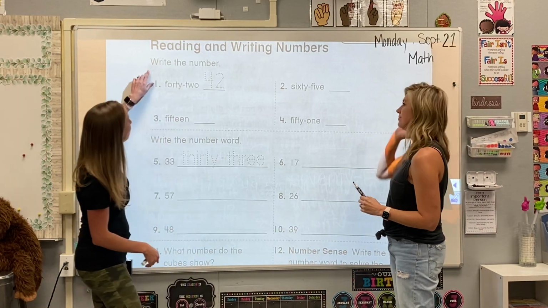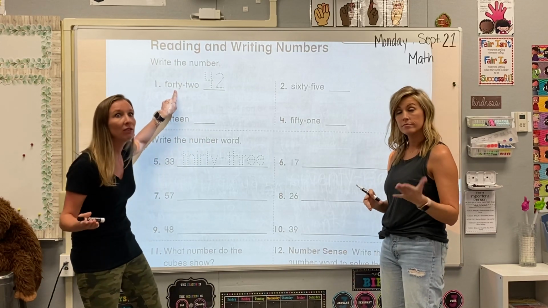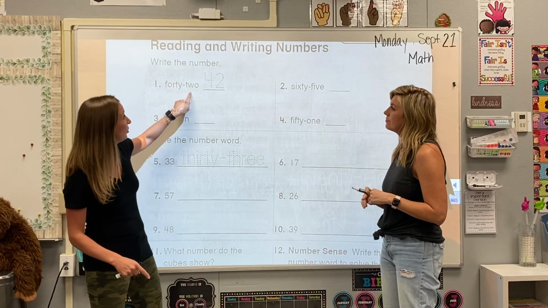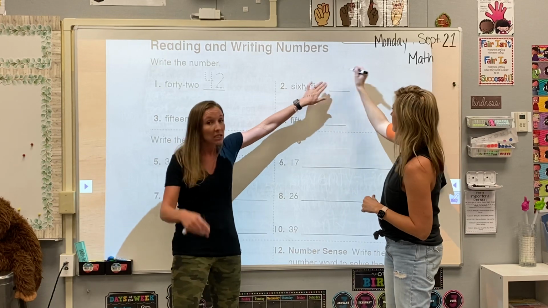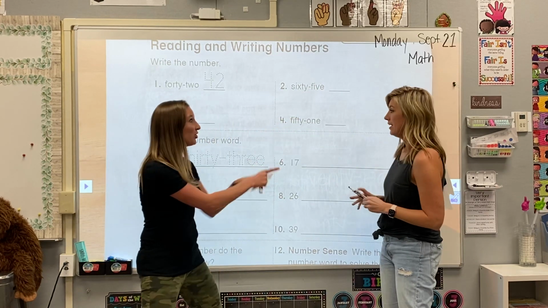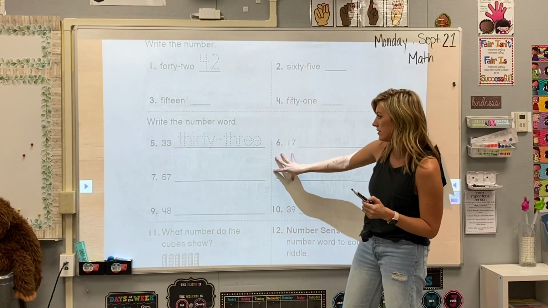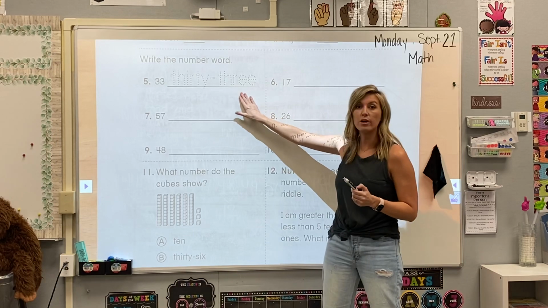My turn. At the top, the number is given to you in word form, and you have to write it in standard form. Just the numbers. It says forty-two, you write 42. It says sixty-five, you write the number 65, a 6 and a 5. Your turn. Now you're going to switch that idea, and on this section they give you the standard form and you write it out in word form.